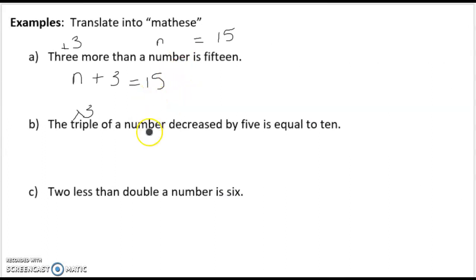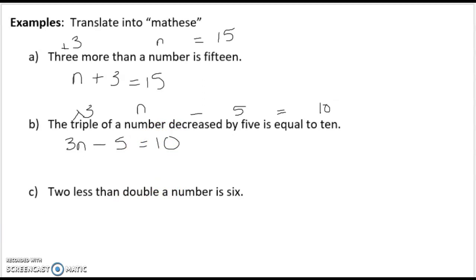Sorry, there's only one P. So the triple of a number decreased, so number would be N. You decrease to subtract, and they said by 5 is equal to 10. So now let's put it in. So triple of a number, so 3 times a number, decreased by 5, so subtract 5, equals 10.